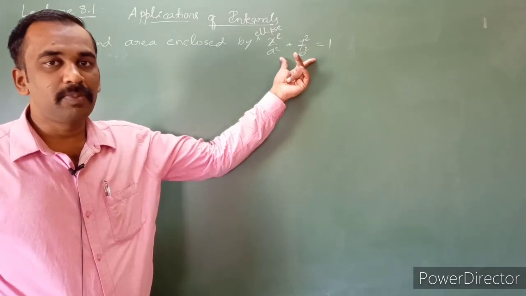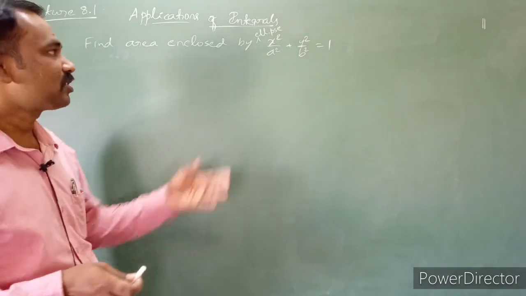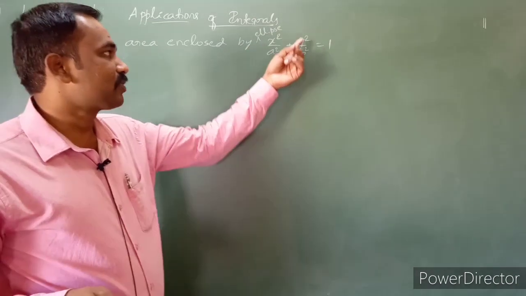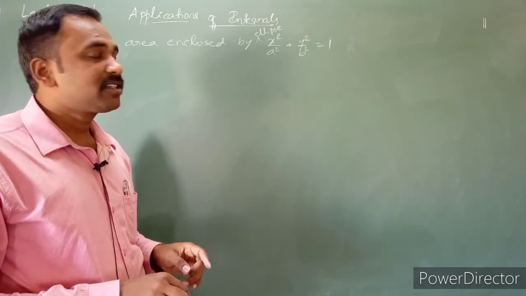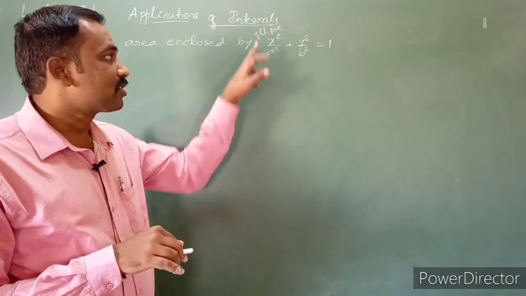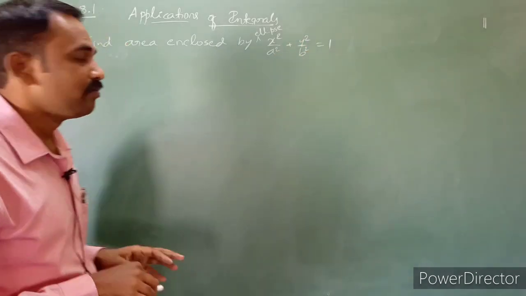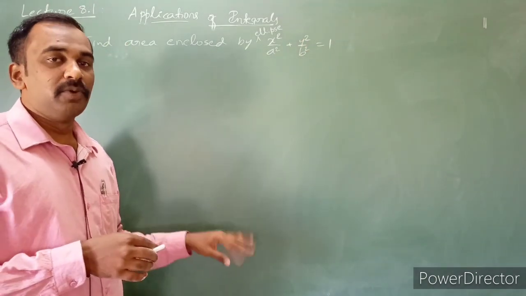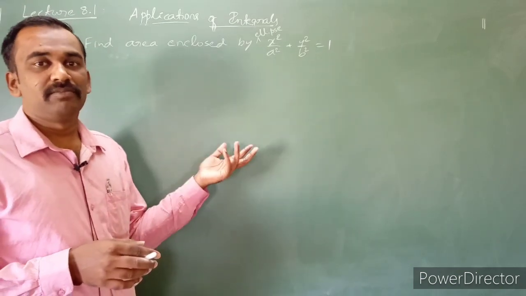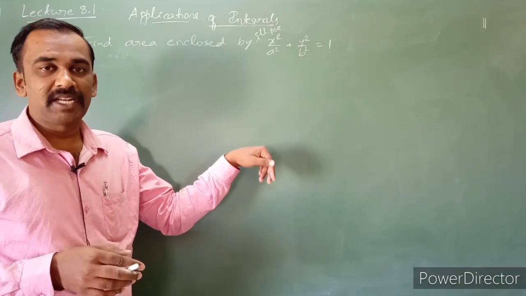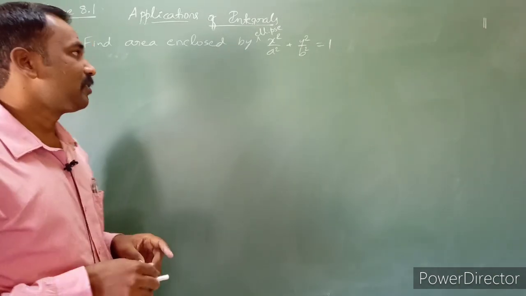In the first PUC we have studied the shape of the ellipse, and there are two orientations. X square by a square plus y square by b square is equal to 1: the major axis is along the x axis. And suppose the major axis is along the y axis, it is y square by a square plus x square by b square is equal to 1. Major axis, minor axis, foci, eccentricity, length of the major axis, length of the minor axis, length of the latus rectum. Several concepts you people have studied.